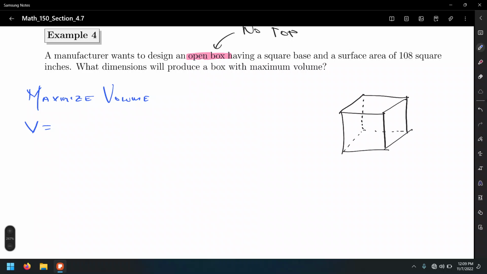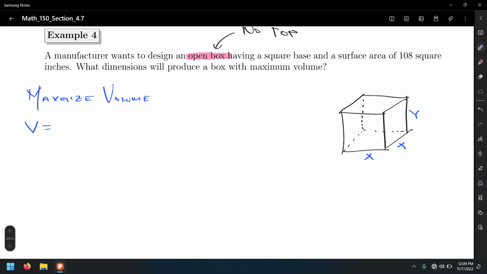That's actually three variables. However, since it's a square base, the dimensions are going to be x, the same length for a square base, and a height of y.